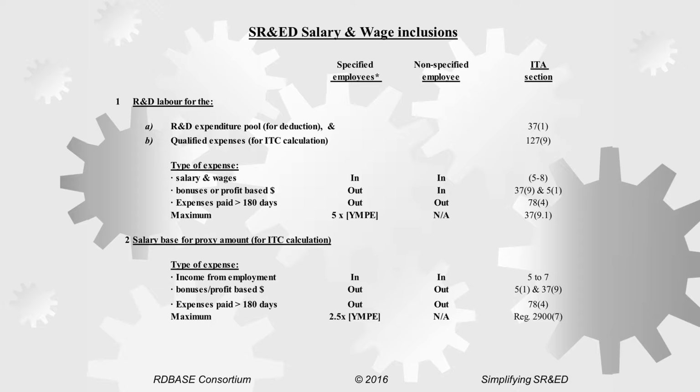But I have to pull that bonus out for the salary base to calculate the proxy amount. Okay? Furthermore, for the salary base to calculate the proxy amount, the limit here isn't 5 times YMPE, it's 2.5 times YMPE. So instead of roughly 260,000, it's roughly 130-something thousand. Okay? So again, you want to be aware of these limits.